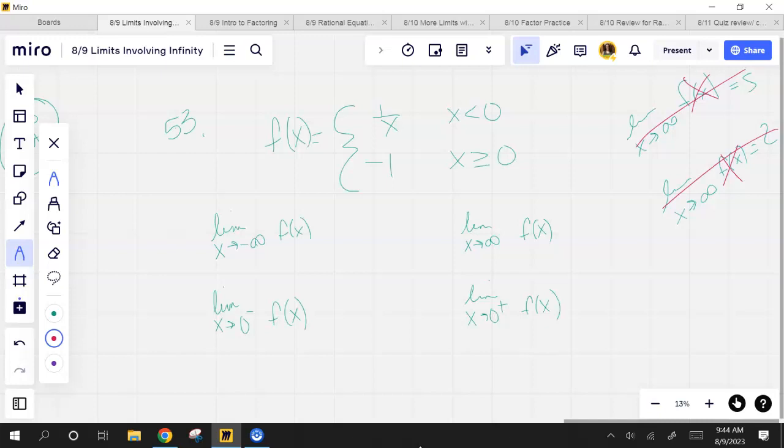So I can do a kind of substitution in for this one, or you know what that graph looks like, but let's say you didn't. 1 over infinity always goes to 0. If you ever get yourself in this situation, that always goes to 0. Does that make sense based on what you know a reciprocal function looks like?